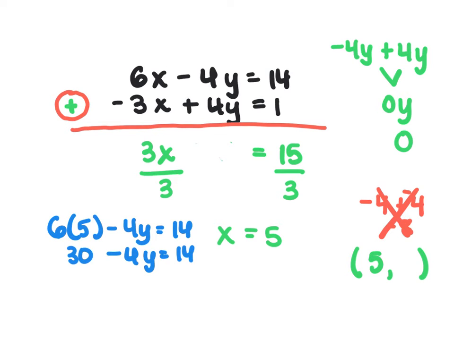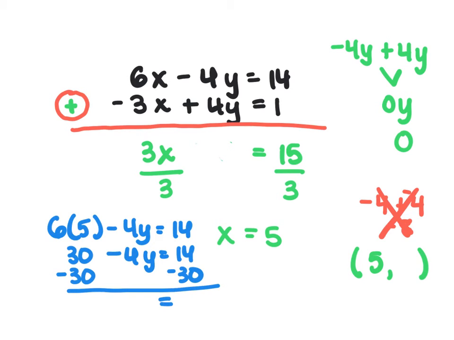Now I'm going to do reverse PEMDAS to get y by itself. So y is being bothered by multiplication, but it's also being bothered by, in this case, subtraction. So reverse PEMDAS, I'm going to get rid of my 30 first, but since it's a positive 30, I'm going to subtract it from both sides, because remember, 30 minus 30 would be 0, so it would be gone. I'm going to draw my line. On this side, I'm going to do 14 minus 30.